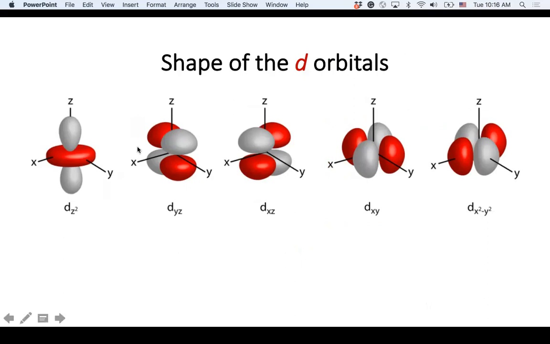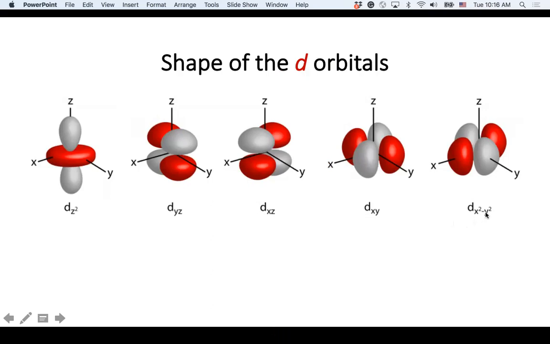These are the shapes of the d orbitals. You have learned some basic knowledge of angular momentum in quantum mechanics. If you plot the harmonic functions of the d orbitals, there are totally 5 of them: z squared, yz, xz, xy, and x squared minus y squared.